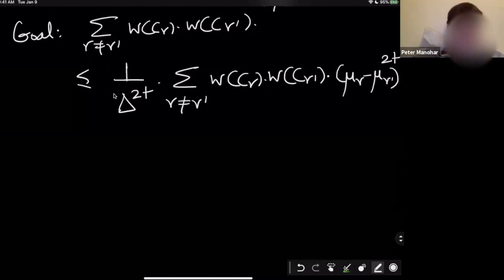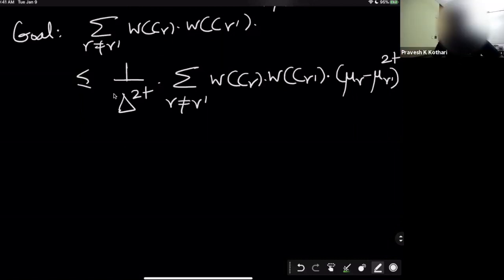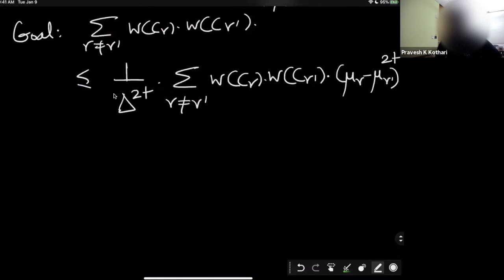Mu r minus mu r prime is at least delta. Exactly, right? Mu r minus mu r prime is at least delta. So for each r and r prime, I have multiplied WCR times WCR prime by mu r minus mu r prime to the 2t divided by delta to the 2t. And this quantity is at least 1 for every r not equal to r prime. Right? So this is certainly an upper bound. Good.